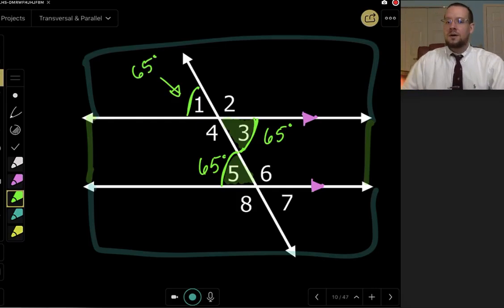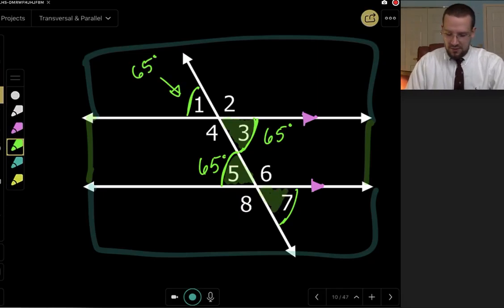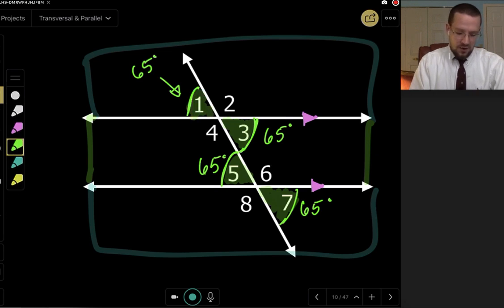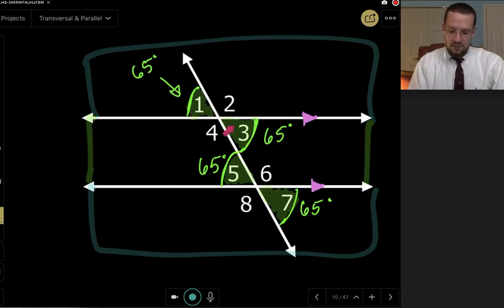And oh, 5 and 7. Clearly 5 and 7 are vertical angles. And so 7 is 65 degrees. So what I did here was I noticed, hey, vertical angles, alternating interior, vertical angles, right?